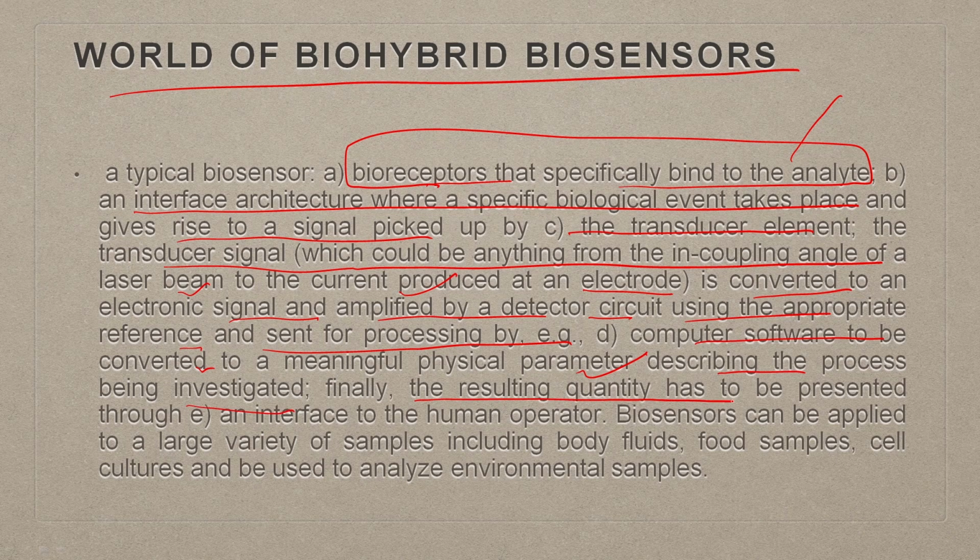Finally, the resulting quantity has to be presented through an interface to the human operator. Biosensors can be applied to a large variety of samples, including body fluid, food samples, cell culture, and used to analyze environmental samples. So, these are the building blocks of a biosensor.